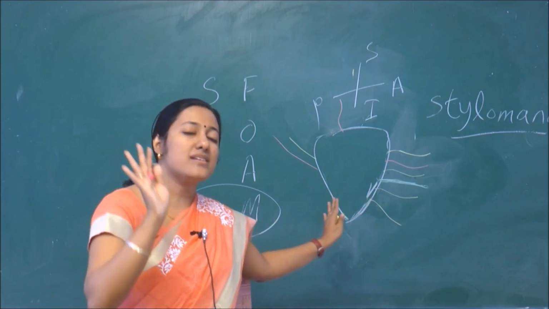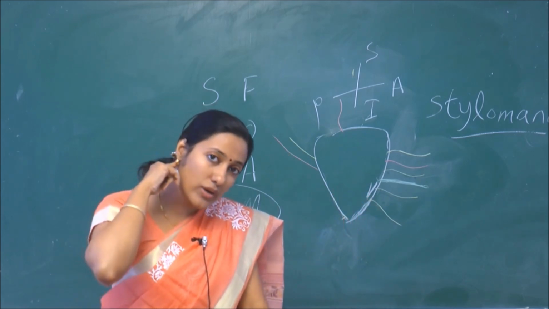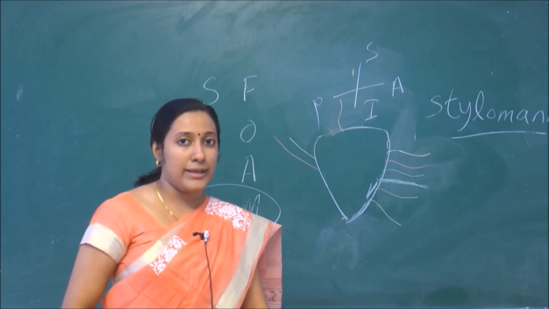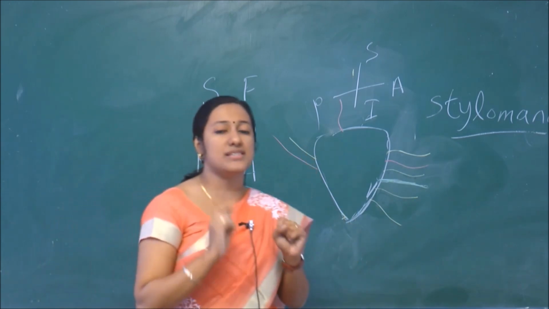But posteriorly, please remember posterior structures, posterior auricular nerve and posterior auricular vessels. So these are the structures from the posterior border.